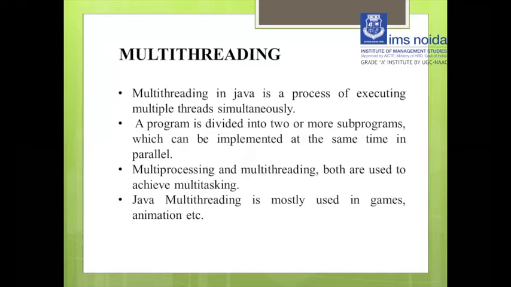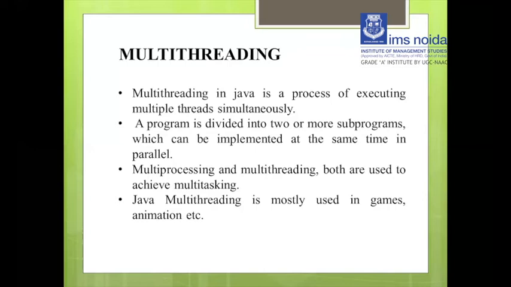A program is divided into two or more subprograms which can be executed at the same time in parallel, because in Java every thread shares the same memory area. No other memory area is allocated to the threads.